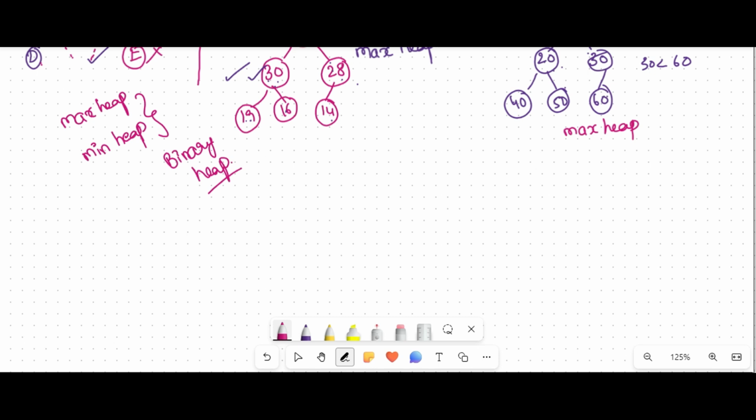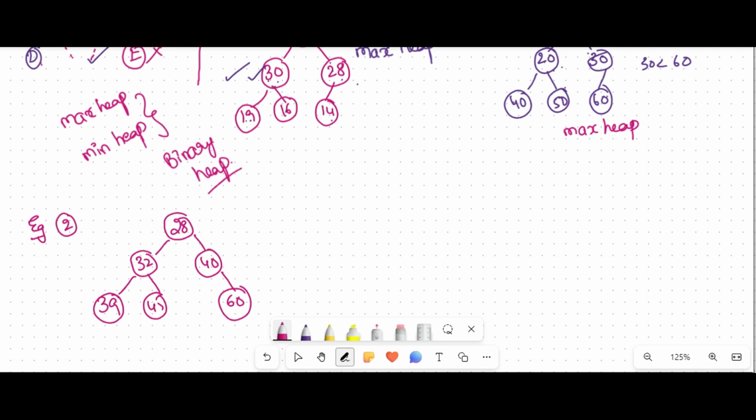Okay, another example, example 2. For example, here 28, 32, 40, 39, 45, 60. Here the parent is less than its children, in each case.